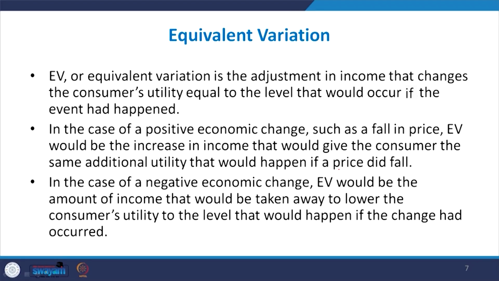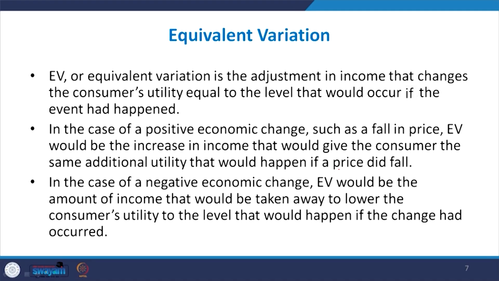Suppose the income level of the consumer declines, so obviously the welfare level of the consumer declines. If the event has happened, how much the income is to be adjusted to keep the utility at a level is measured by equivalent variation.